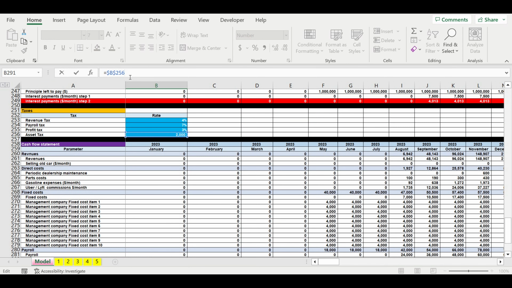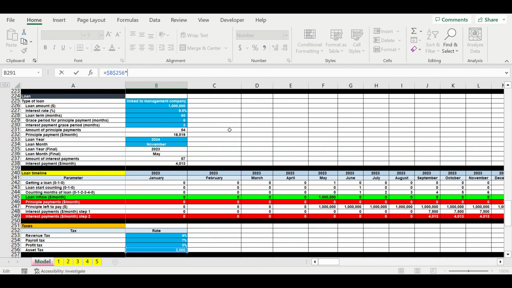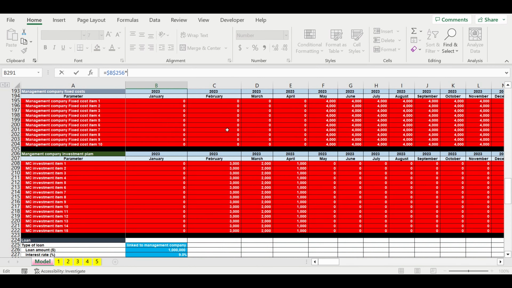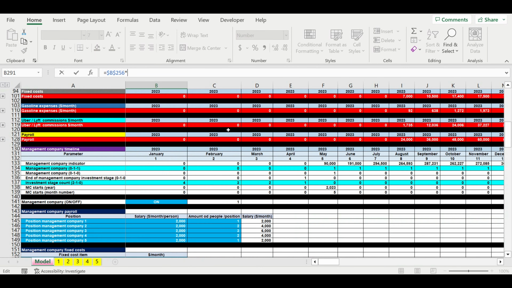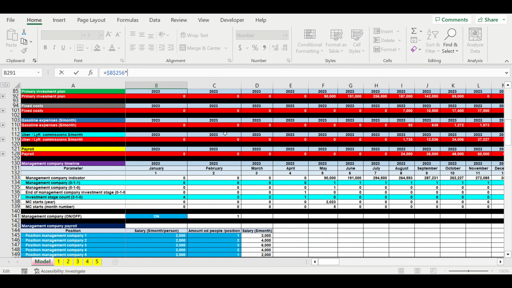And for the second component, we will go to the project timeline, management company timeline. So we will link asset tax to this line.